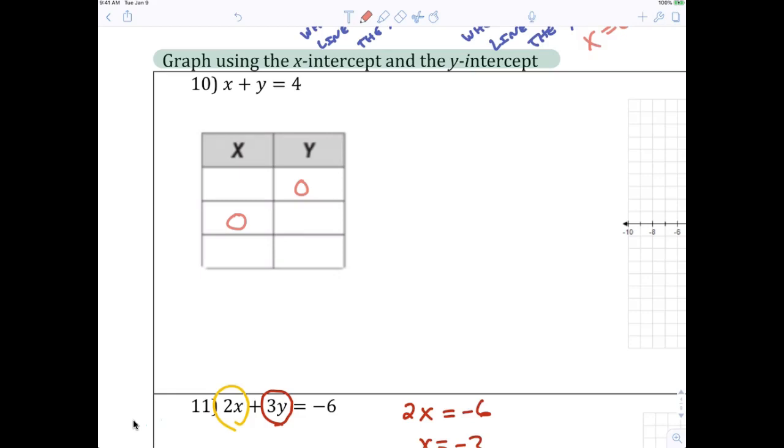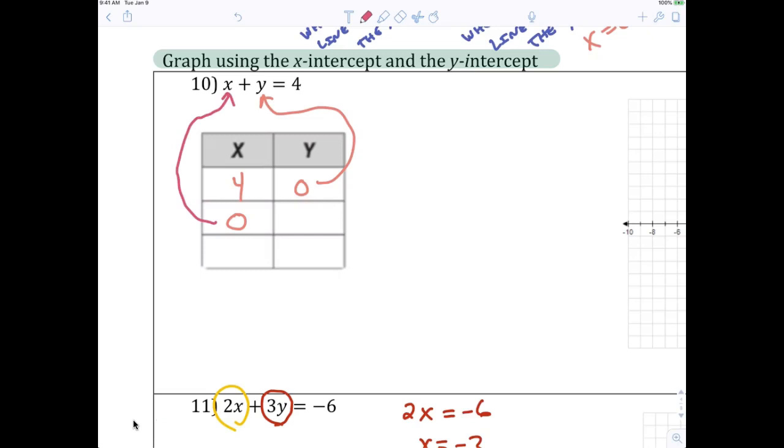So now look up. I'm now going to put 0 in for y. If I put 0 in for y, what's the x? Come on. 4. Come on, think before you speak. 4. Now I'm going to put 0 in for x.